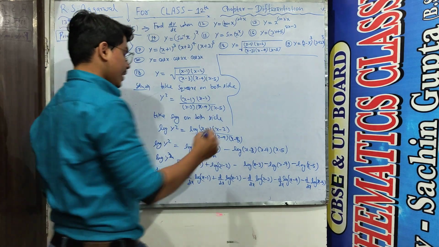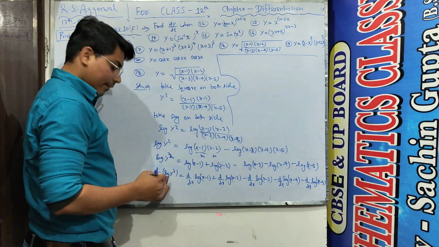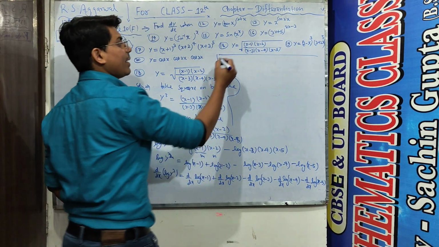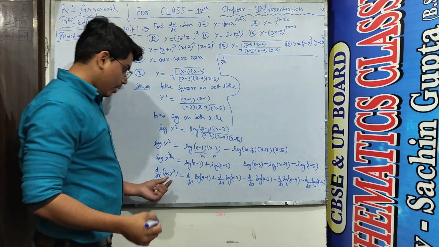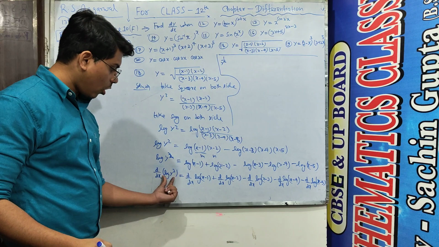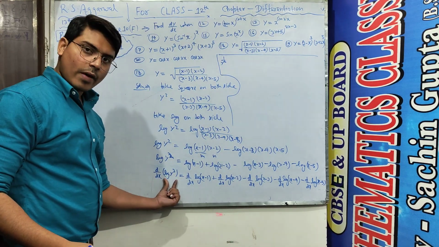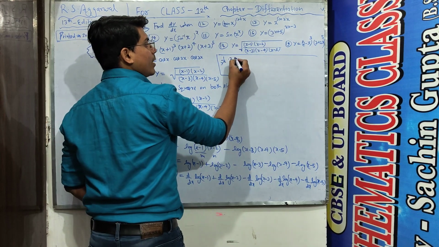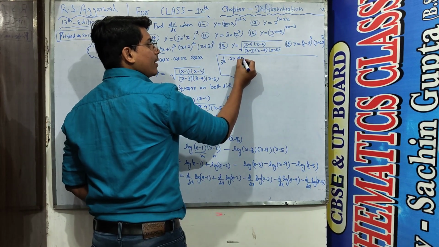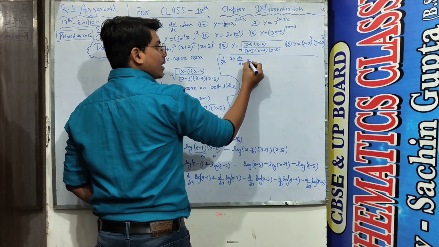The differential of log y square becomes 1 upon y square, and then we differentiate y square, which becomes 2y, and dy by dx also comes with it.